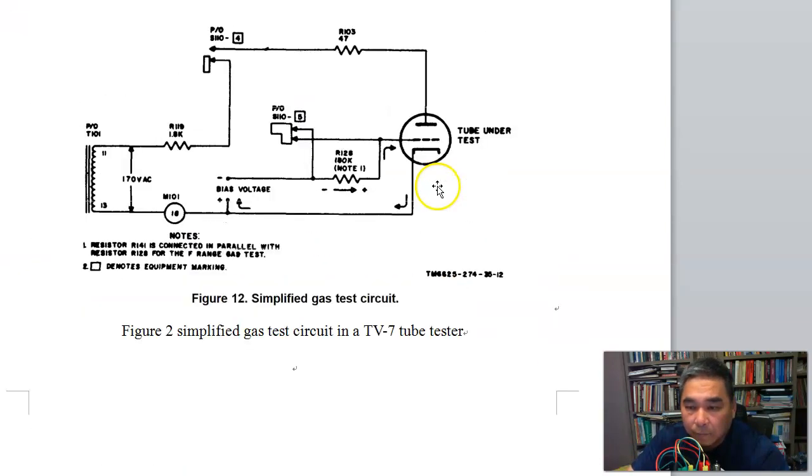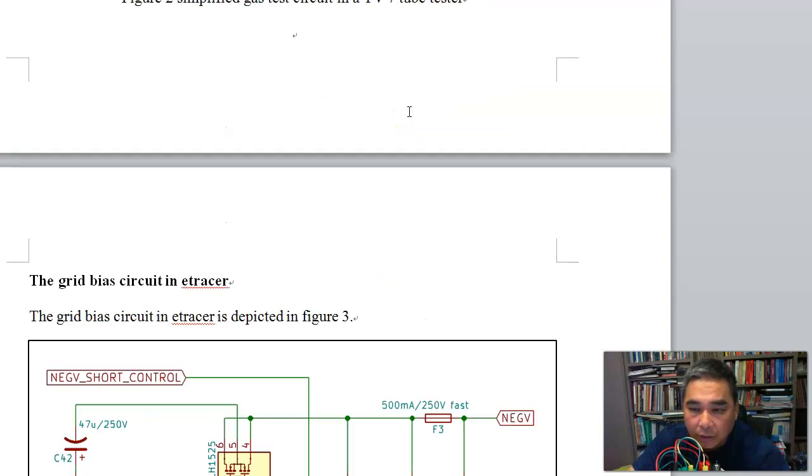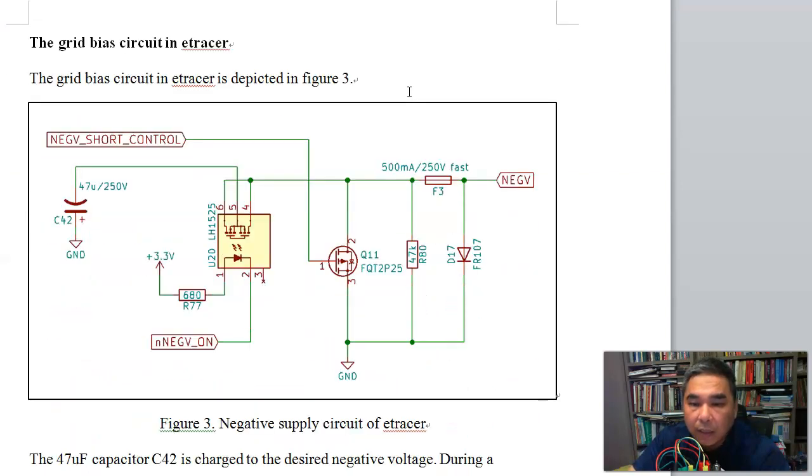Okay, so now we understand how TV7 performs the gas test. We can check how we can modify the etracer circuit to support a similar test. So here in figure 3, this is the grid bias circuit in etracer. C42 is the 47 microfarad capacitor.